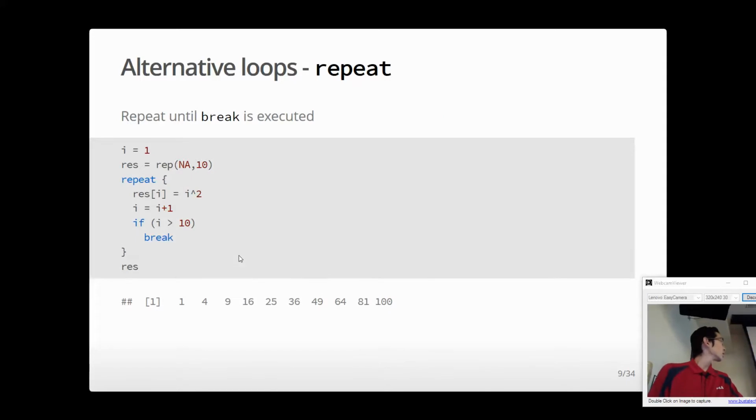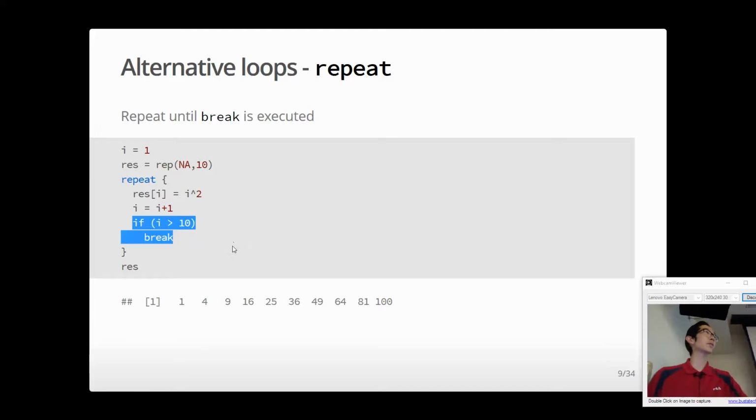Okay, and then another loop is repeat. With a repeat, it's just going to go into the loop, and it's going to keep running everything in the loop until it reaches this thing, break. Okay, so it's kind of like where the while loop evaluates the condition to see if it should run again.